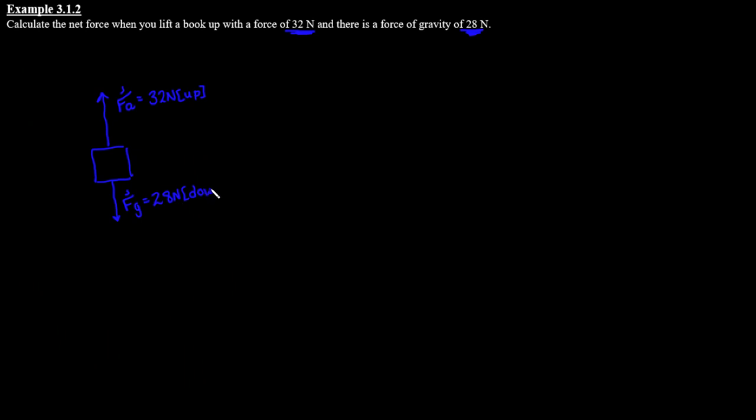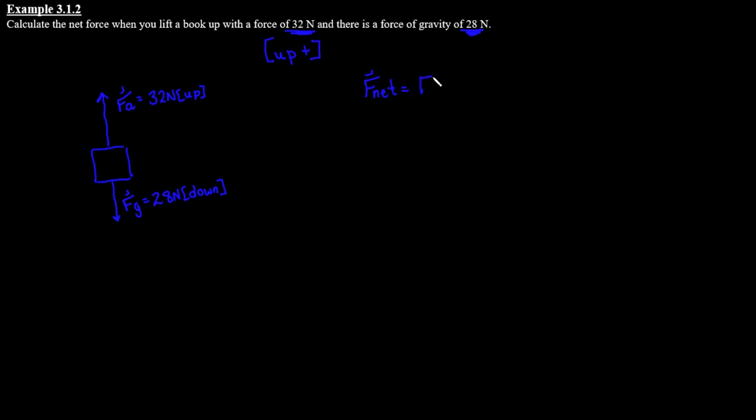Okay. Much like we did in kinematics, in dynamics we can define directions. So in terms of not having to carry that direction through, I'm going to say any force that acts up is positive. So net force looks at the forces that are involved on the object.